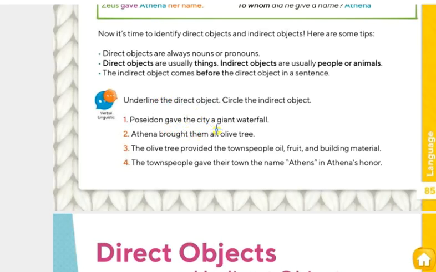The direct object is a giant waterfall. Circle the indirect object. The city. Okay? So, direct object, underline. Indirect object, circle. You have to do the other exercises, okay?